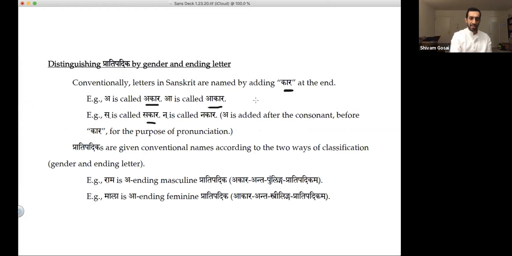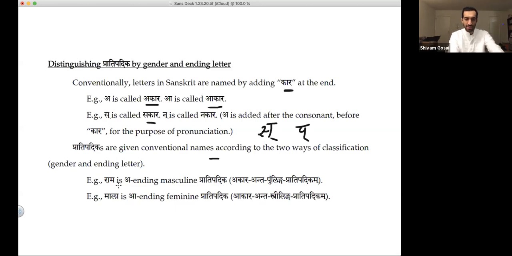Okay, to that letter by itself. So if I want to say sakara, really what I'm saying is the letter sa. So I can say pakara, which is the letter pa. And they're given names according to the gender and the ending letter.